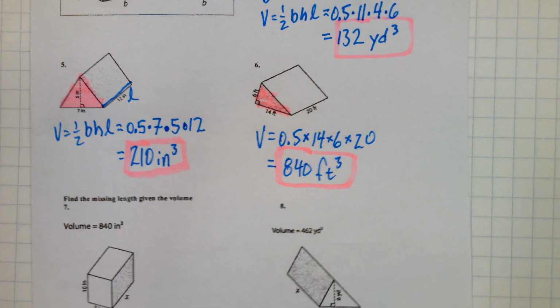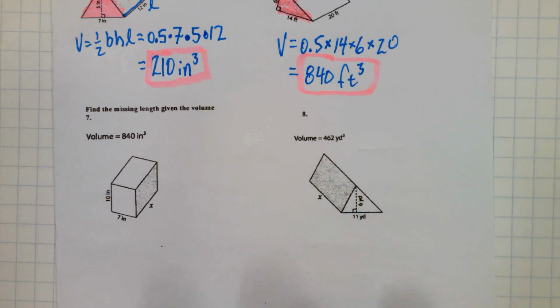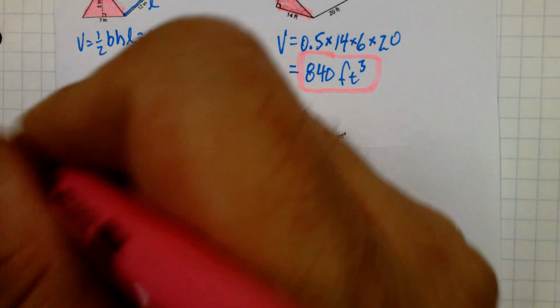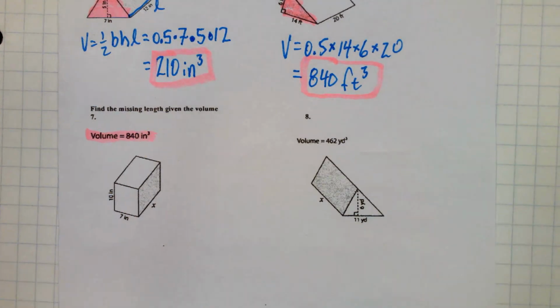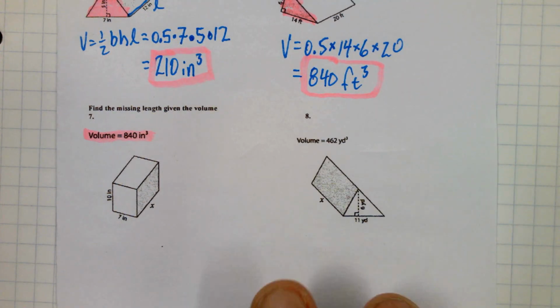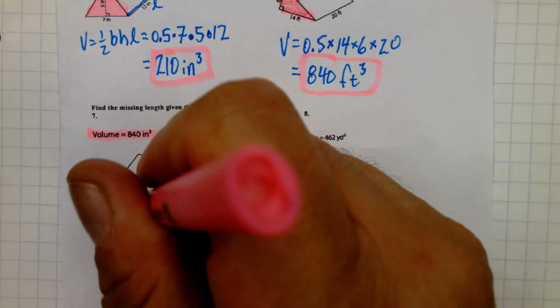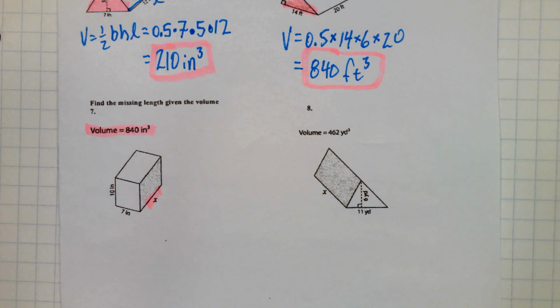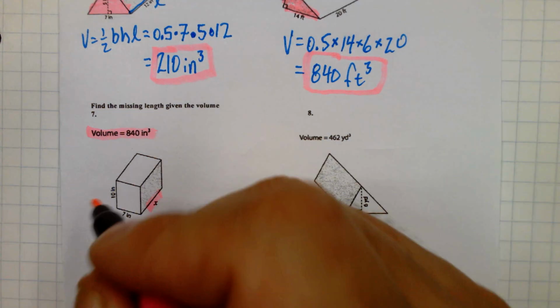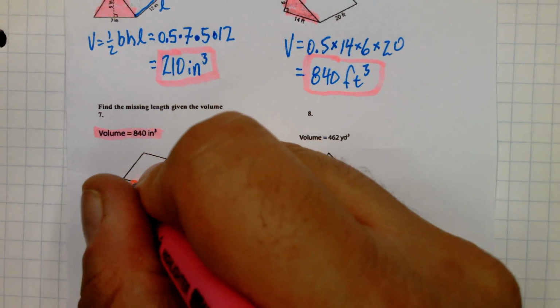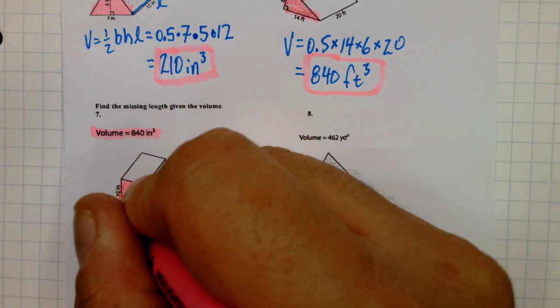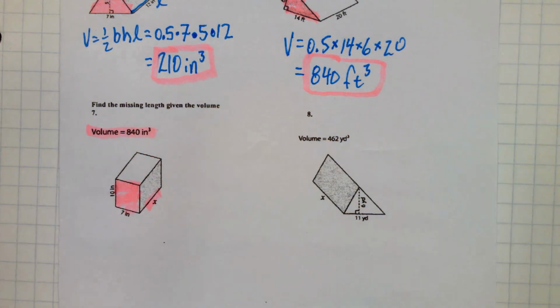All right. So the last thing we're going to do is find the missing length, and they're going to give us a volume. They're going to tell us what the volume is. We just have to find one of the three dimensions that's missing. So you see here, we don't know one of them. It's x. So let's go ahead and do that. First off, I'm going to look at my solid. It's a rectangular prism.